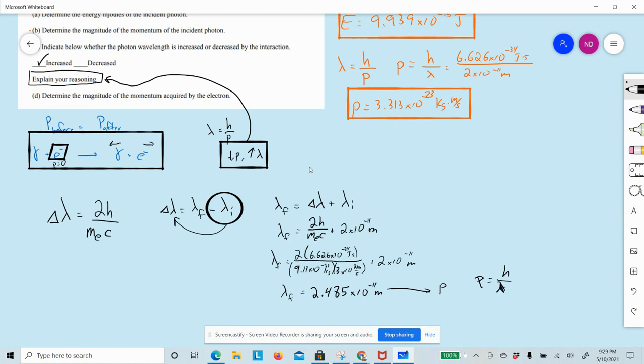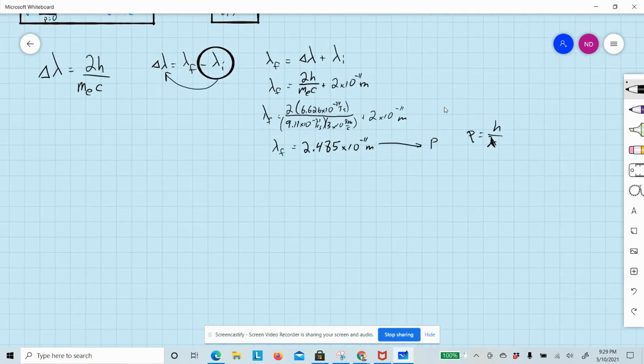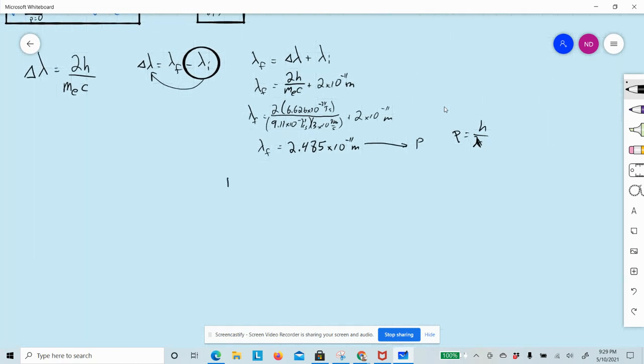So momentum equals h over wavelength, so we'll go 6.626 times 10 to the minus 34th joule seconds over this wavelength, 2.485 times 10 to the minus 11 meters.